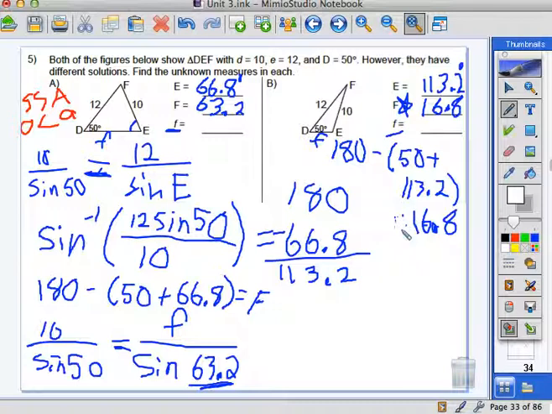One of the ways to find out is you go through this process that we just did. I'm changing my F, so angle F equals 16.8.